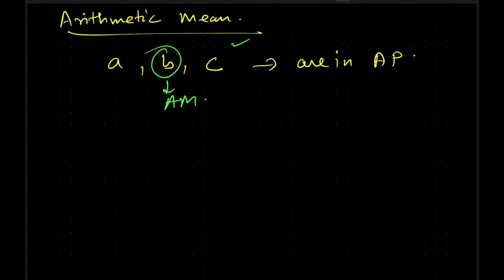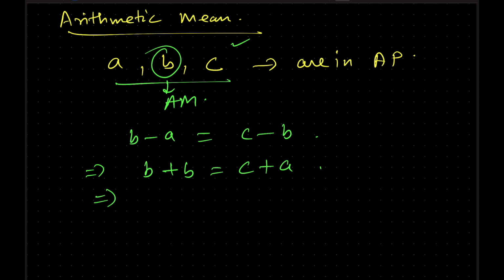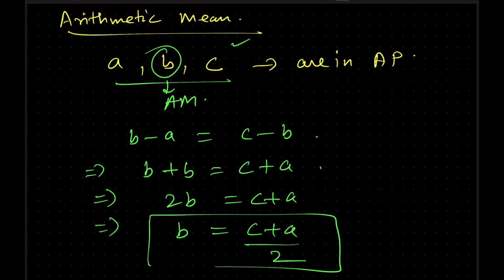If A, B and C are in AP, then their common difference should be the same, like B minus A should be equal to C minus B. Now if you take B on the left hand side, B plus B, and A on the right hand side, C plus A, you get 2B equal to C plus A. So B will be equal to (C plus A) by 2. So you can say that the arithmetic mean, that is B, is the mean of the first term and the third term.